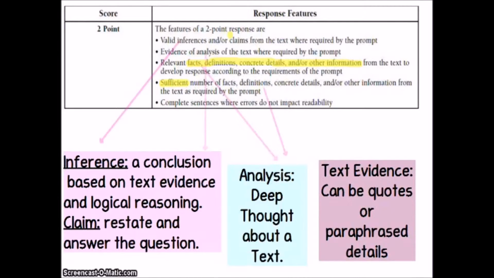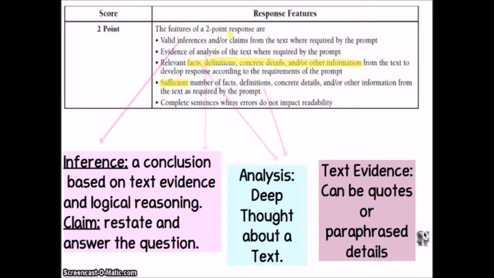Keep in mind that text evidence can either be quotes, where you copy a line or a couple of lines from the text and you use quotation marks and include the page number as a citation for where the quote comes from. But it can also just be details that you paraphrase in your own words.